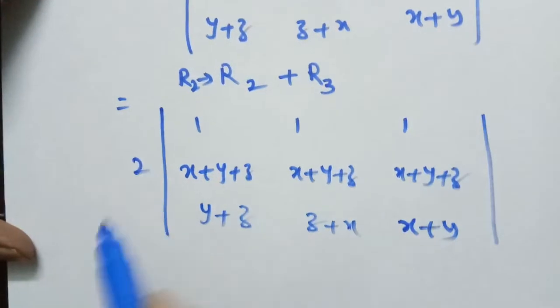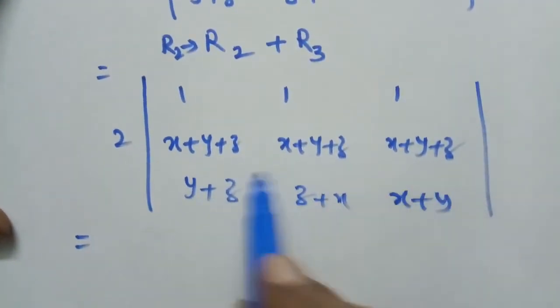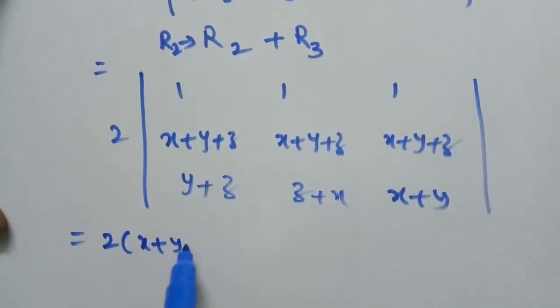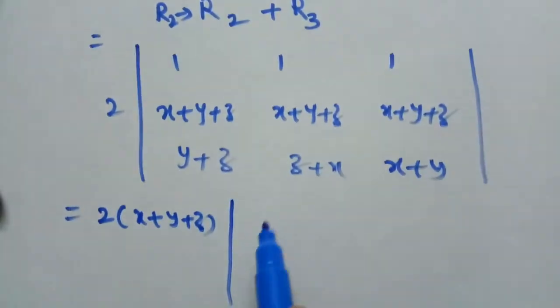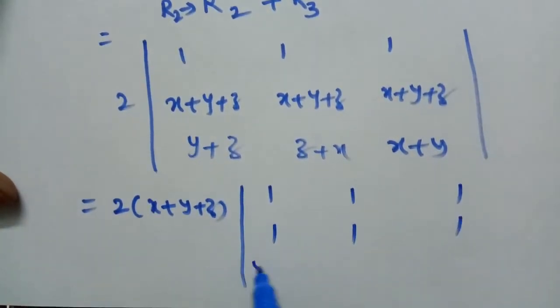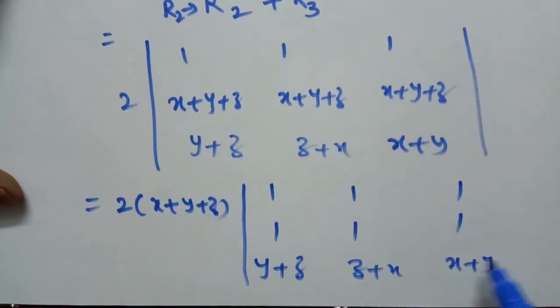Therefore, again here also in the second row, x plus y plus z is a common factor. Therefore, this can be written as 2 into x plus y plus z. We are writing 1, 1, 1 and 1, 1, 1. y plus z, z plus x, x plus y.